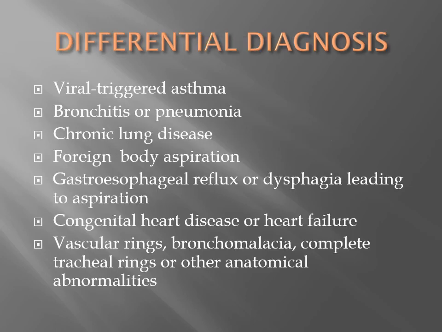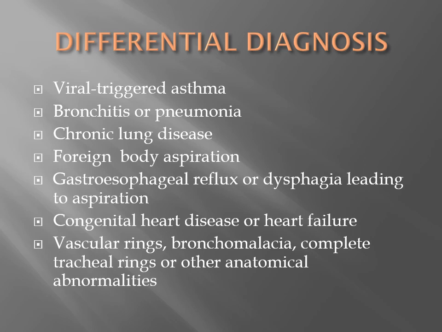The differential diagnosis includes the causes of wheezy chest. The most important question is whether this is a first attack of wheezing chest or a history of recurrence. The first attack includes first attack of bronchiolitis and foreign body aspiration, and then the recurrence of wheezy chest. The top of this list is bronchial asthma.